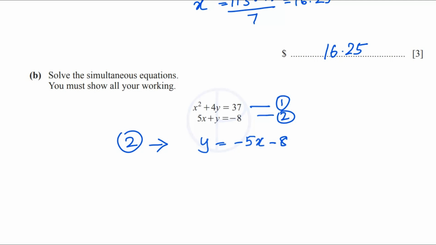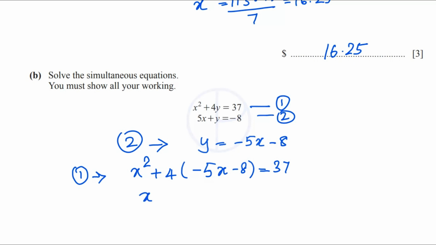Substitute this in equation 1. We get x square plus 4 times minus 5x minus 8 equal to 37. x square, expand the bracket, 4 times minus 5 is minus 20x. 4 times minus 8 is minus 32.